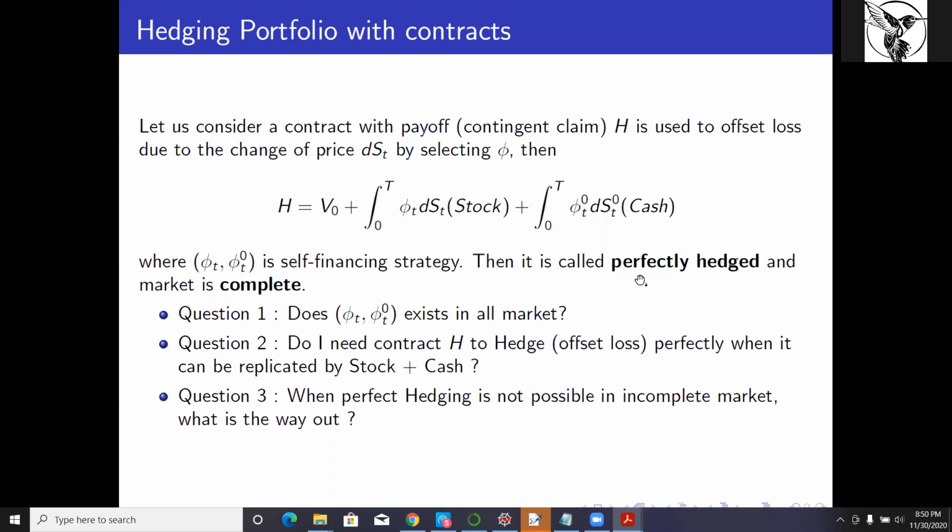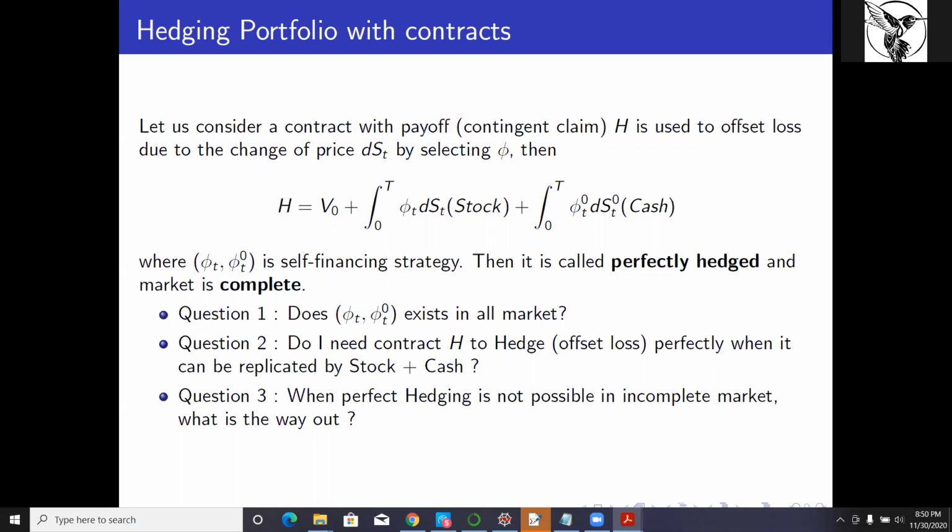And it is quite possible in many markets that you will get the difference. That market is called an incomplete market. And in an incomplete market, this way we cannot derive the hedging strategy. We can derive the self-financing strategy. Sorry, self-financing strategy.